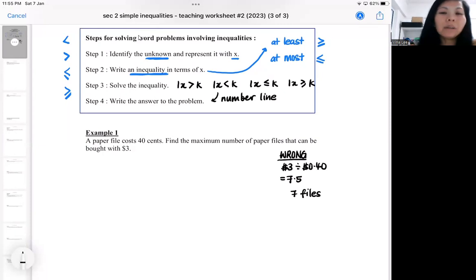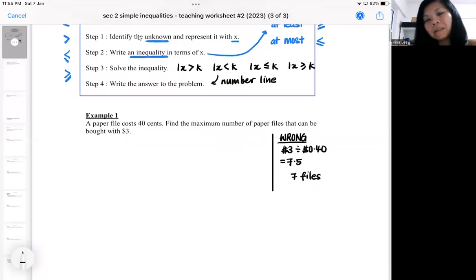If you do it this way, the answer is correct. But you're not doing it in terms of inequality. The question didn't mention inequality, yes, but you need to do it in an inequality manner. Sometimes they will say it very clearly. In this case, what is the hint that tells you they want inequality? The hint is the word maximum, the highest possible. So let's go through the steps.